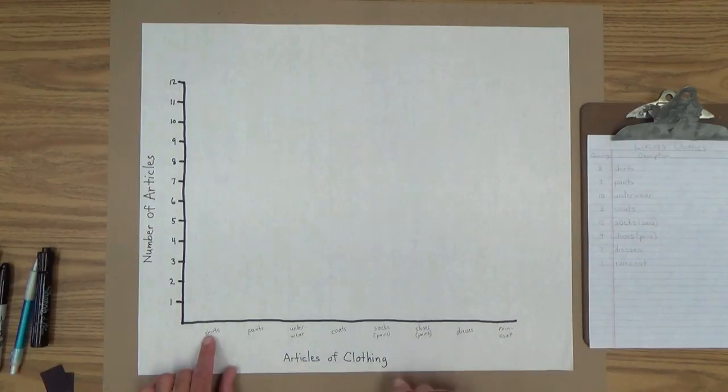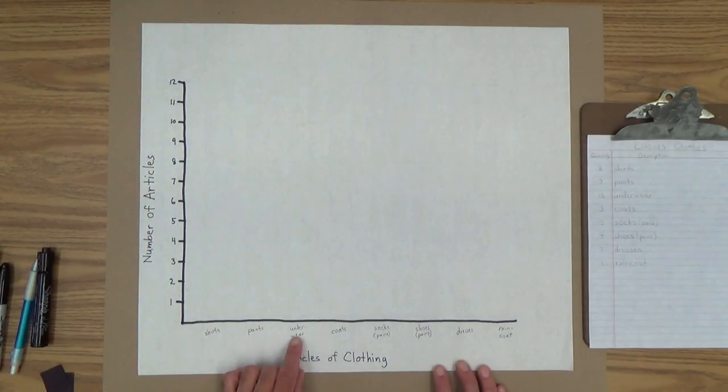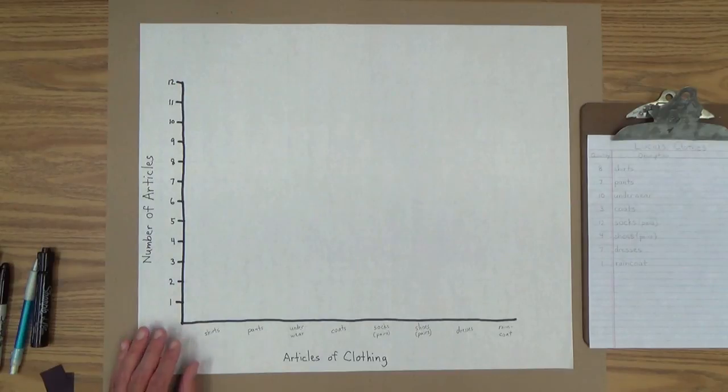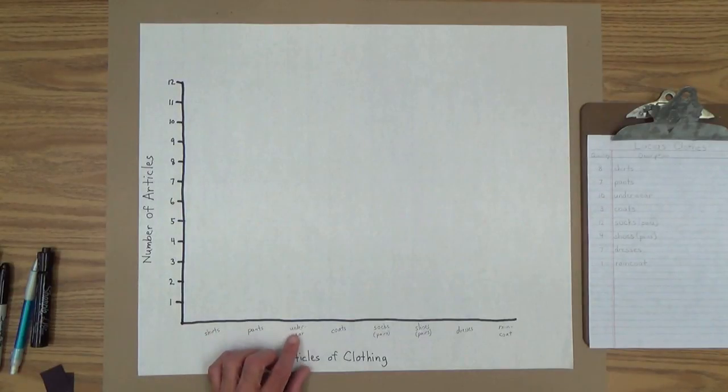And here is shirts, pants, underwear, just like the list, coats, socks, shoes, dresses, raincoat. And if your child is moving right along as a reader, this is a great exercise for them to be able to read these words.